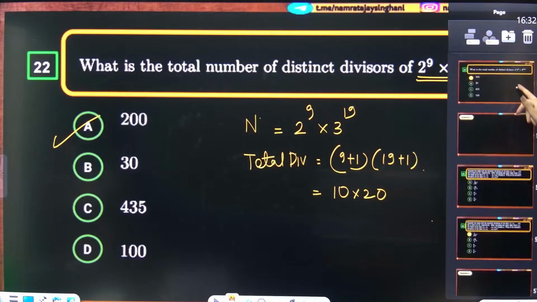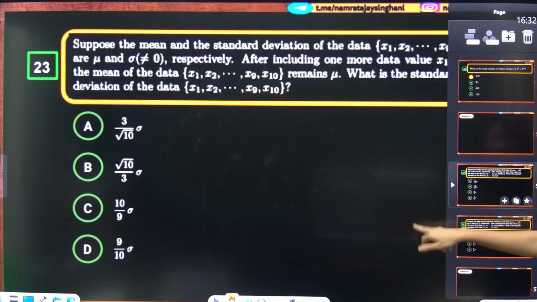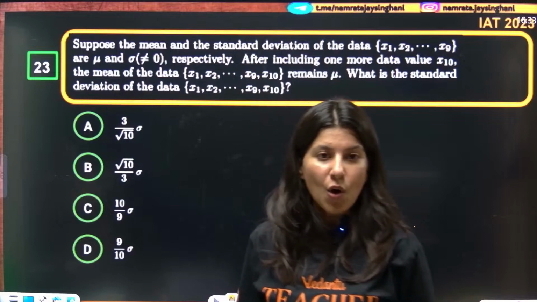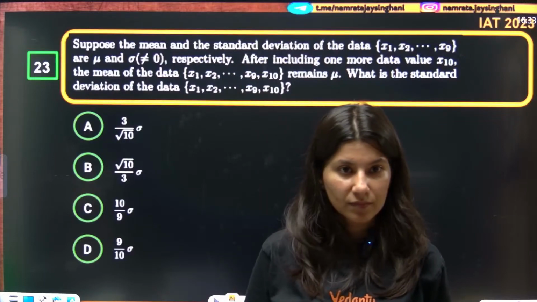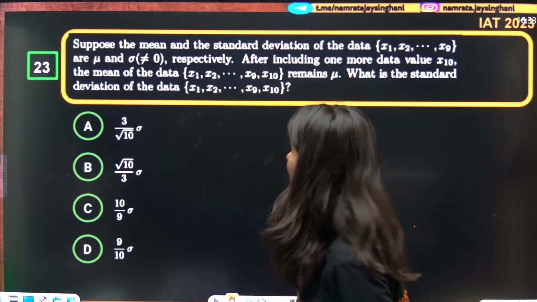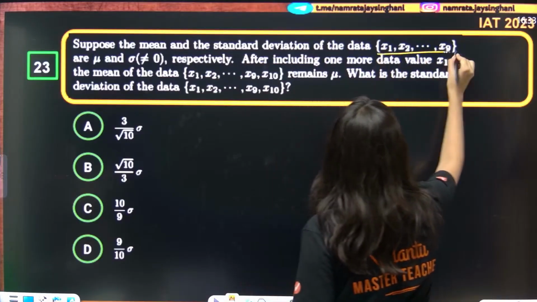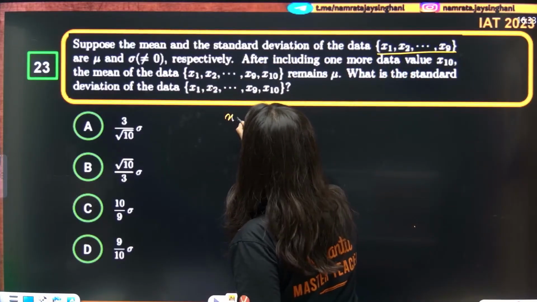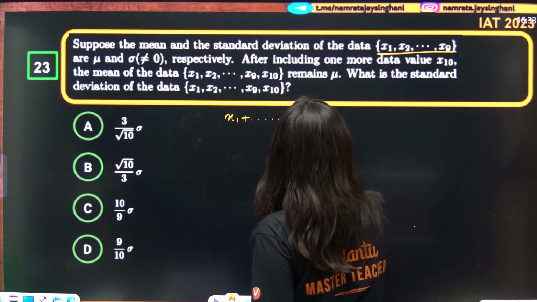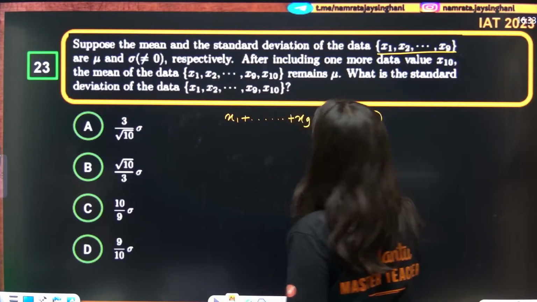Alrighty, clear. Next question on your screen. Yes, this is the question. Suppose the mean and the standard deviation of the data x1, x2, x3 and all the way up to x9. So these 9 numbers have mean equal to mu. So x1 plus x2 plus x3 and all the way up to x9 equals 9 mu. This is your first equation, correct?